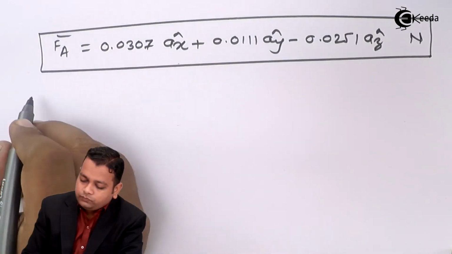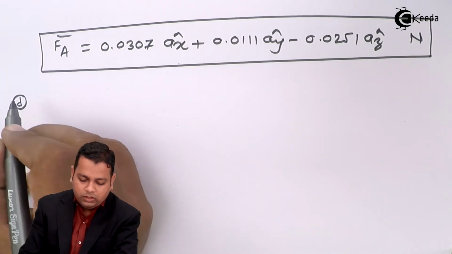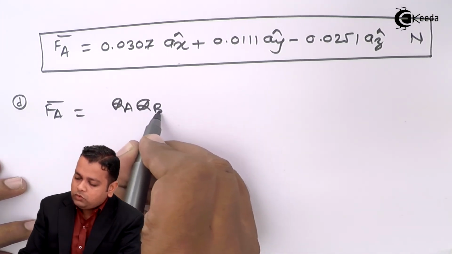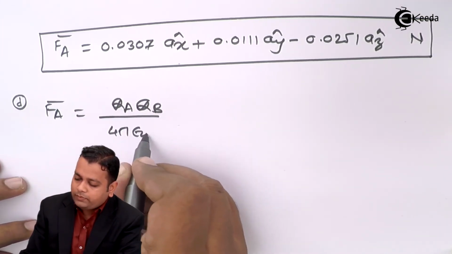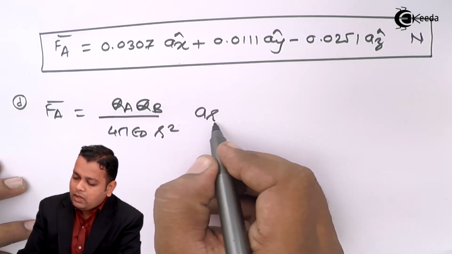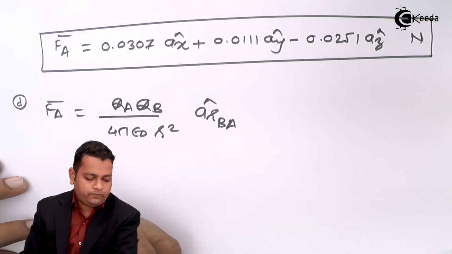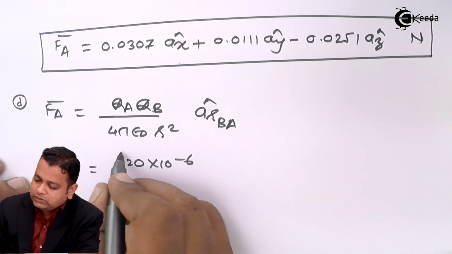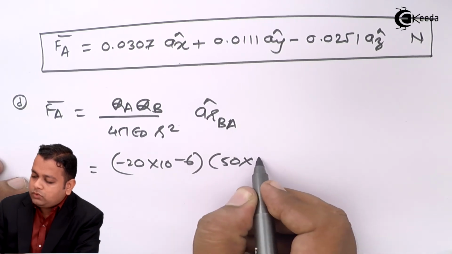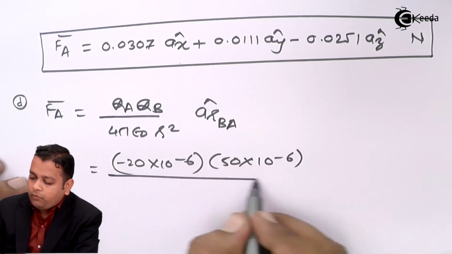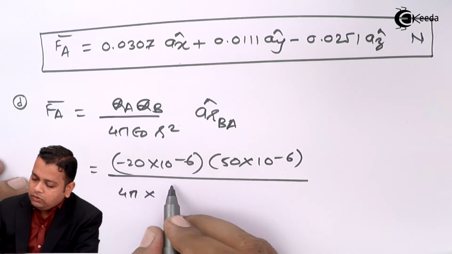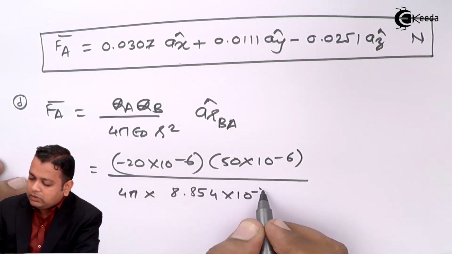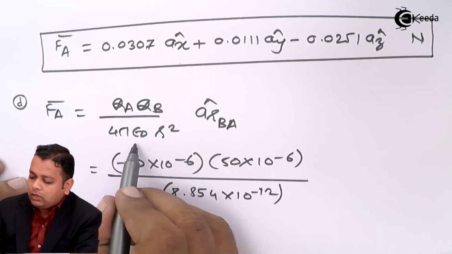So again, for the portion D, we write FA bar is equal to QA QB upon 4 pi epsilon 0 R square AR BA, and we put minus 20 into 10 raised to power minus 6, 50 into 10 raised to power minus 6 upon 4 pi into 8.854 into 10 raised to power minus 12 as the value of epsilon 0, that was said.